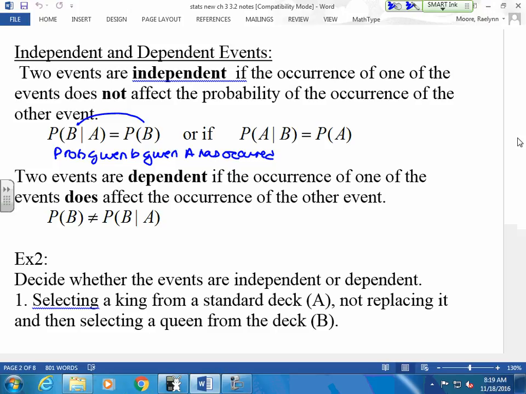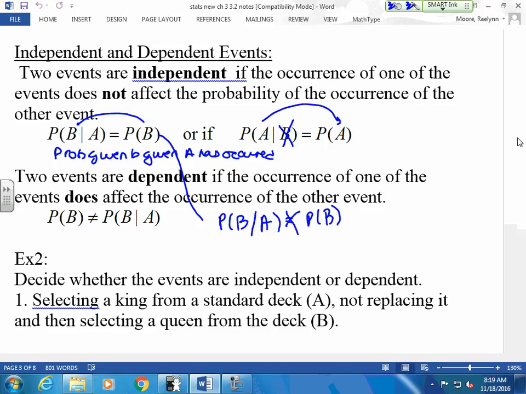Or if we reverse this, the probability of A given that B occurred, if B has no bearing on A, then A is simply the probability of A, which probably is a little confusing until you think about words in this. 2 events are dependent if the occurrence of one does have an effect on the other. Then we cannot say this statement, because then when I say this statement, it is not equal to the probability of B. We had an effect on B.